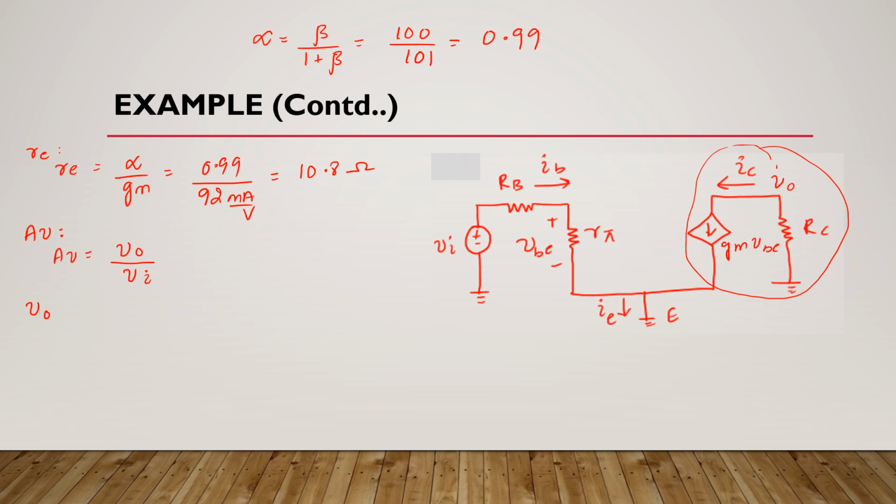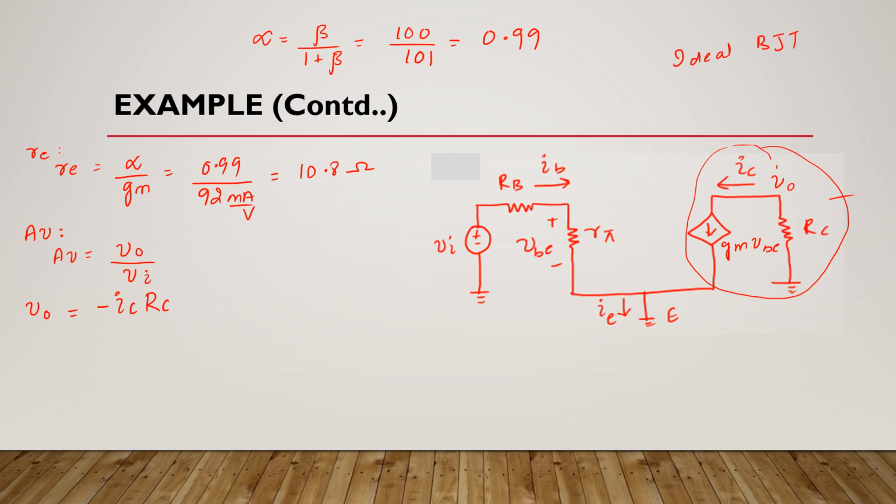Here we are considering that this is an ideal bipolar junction transistor. It means we are neglecting the early effect. So we don't add R0 here in parallel to this RC. It means this output voltage is equal to minus IC RC.